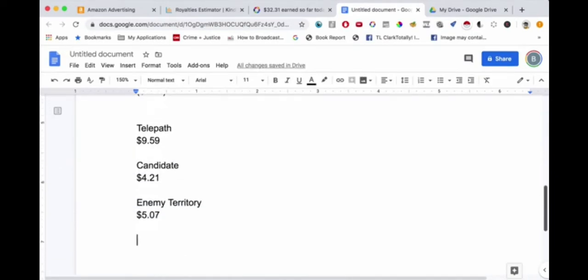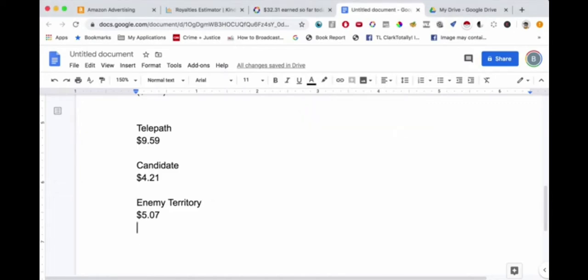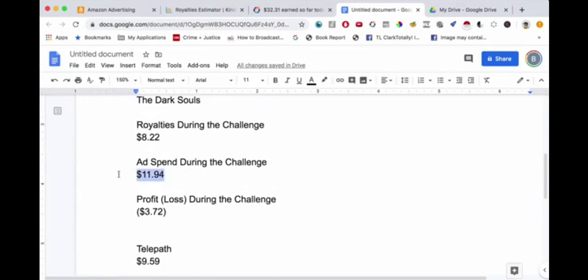So we have 822. We're going to add these numbers together. Once again, this is not how read-through is calculated. This is just proving a point. And we add this. And we add this. Just in the first 4 books of the series, my earnings during the challenge were $27.09. $27.09 is higher than $11.94.